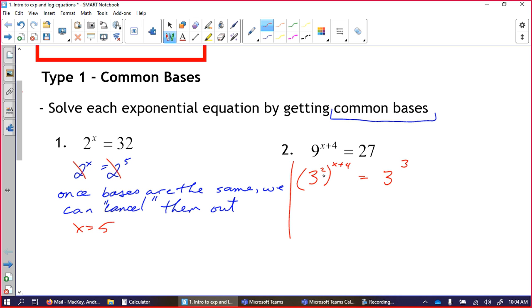Well, I can make this a single exponent. Power to a power means multiply. 2 times x is 2x, 2 times 4 is 8, equals 3 cubed. Bases are same. They can go away.